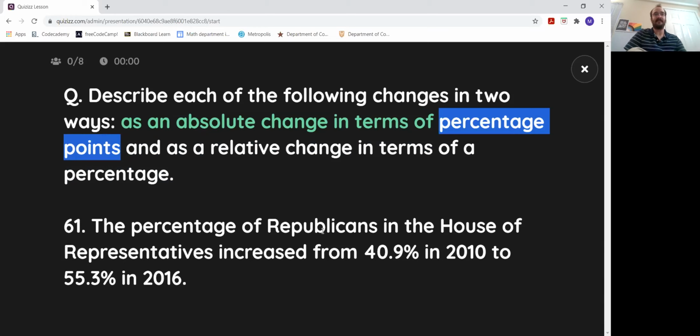And percentage points, just to make things thoroughly confusing, are different from percentages just by themselves, right? Absolute change is percentage points and relative change is the percentage. I think they even talk about it like this thing is interchangeable with the percent sign, right? This one is not. It is different. We're talking about the raw number of points that it goes up or down.